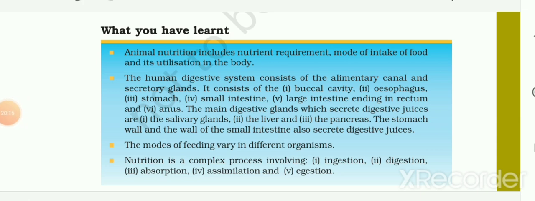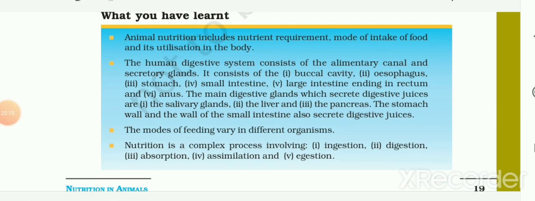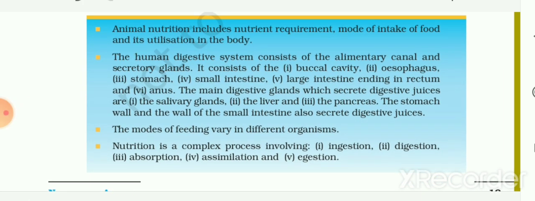Now let me see what we have learned from this chapter. Animal nutrition includes nutrient requirement, mode of intake of food, and its utilization in the body. Then we saw the human digestive system consists of the alimentary canal and secretory glands: the buccal cavity, esophagus, stomach, small intestine, and large intestine ending in the rectum and anus.